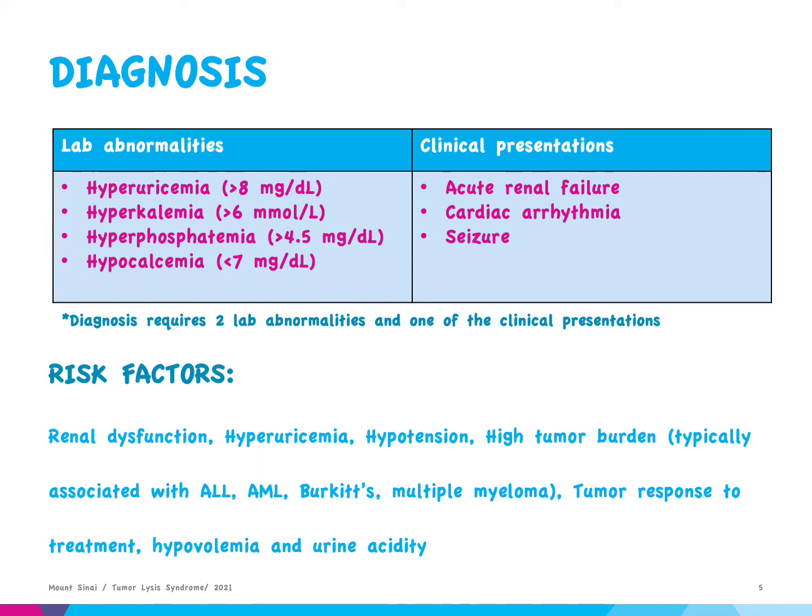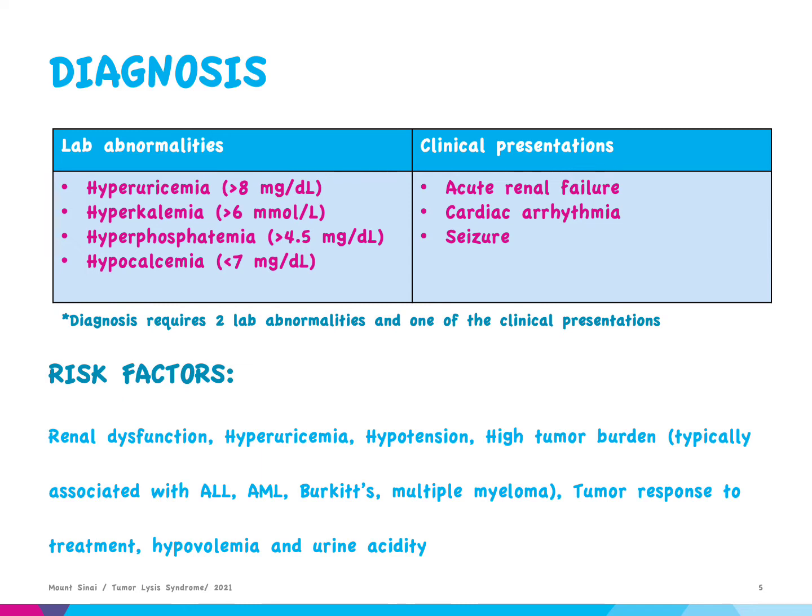In terms of the diagnosis, you have the lab abnormalities: hyperuricemia, hyperkalemia, hyperphosphatemia, and hypocalcemia. Hypocalcemia is not caused by the release of intracellular contents directly, but it's an indirect effect of the high phosphate levels. As part of the clinical presentation, you have acute renal failure, cardiac arrhythmias, and seizures.